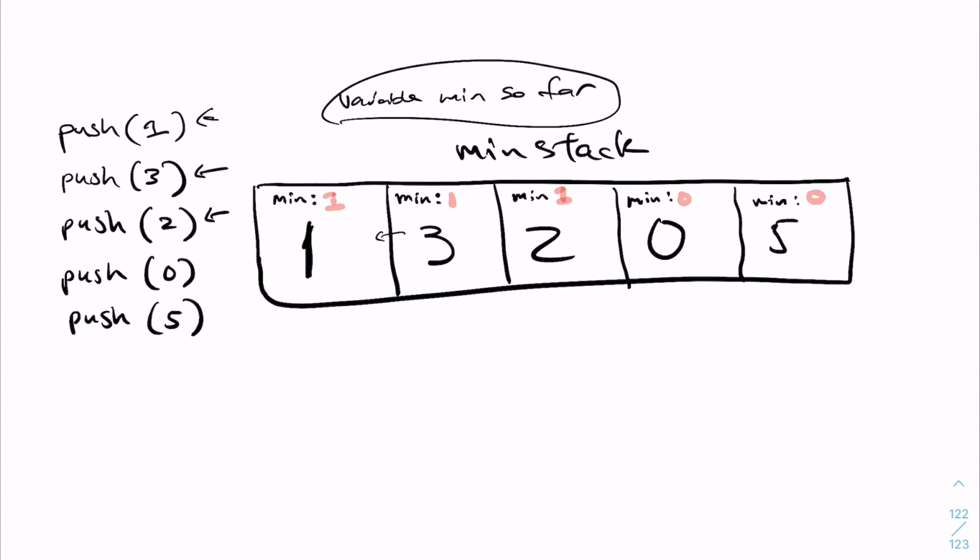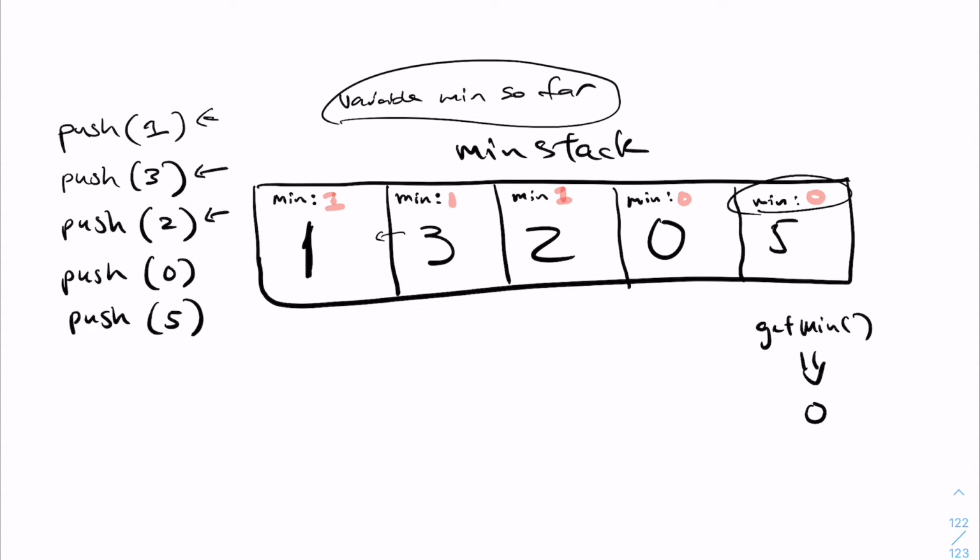So now, let's say getMin is called. What do I return? I return 0, because I can just call top and then get the min inside there.